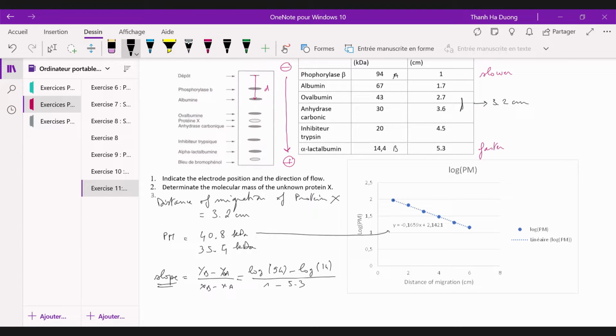So this is the slope of the equation. Okay? Yes. And the intercept, how can we do that?